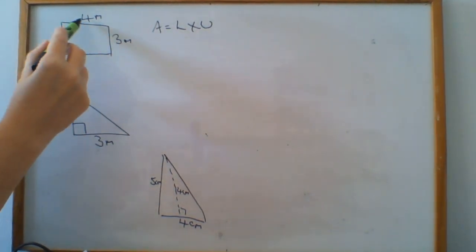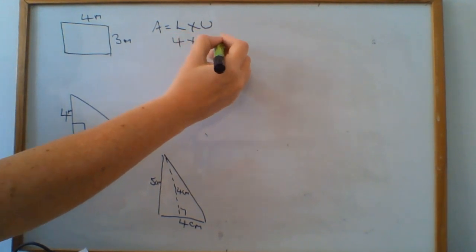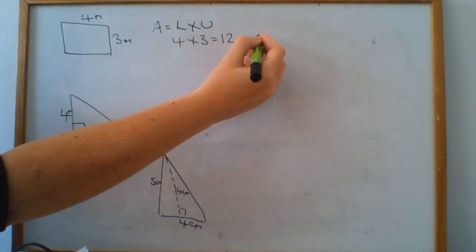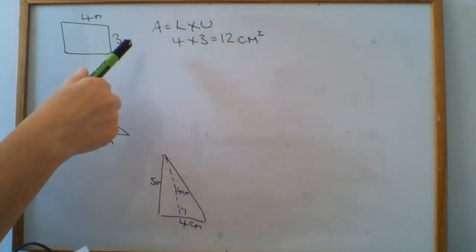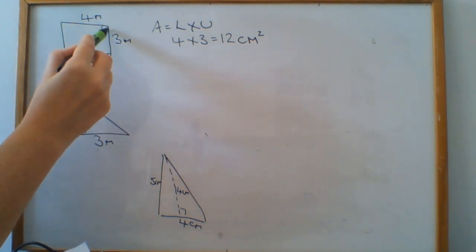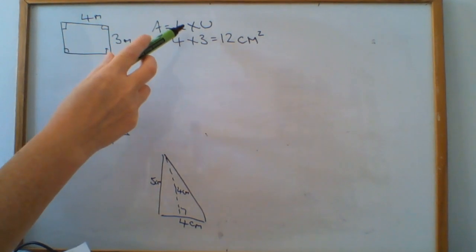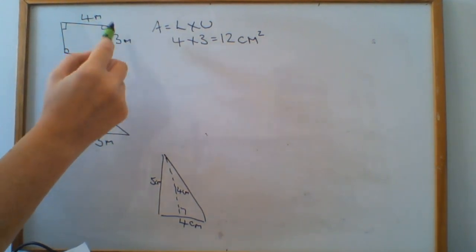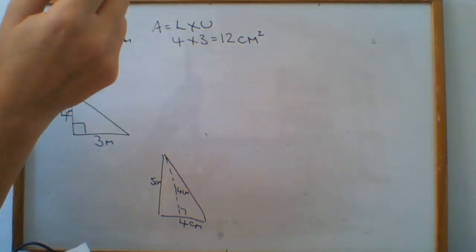So in this case, the length 4, the width 3, you would have 4 times 3 equals 12, and we always put area as 2 dimensions, so it's 12 centimetres squared. So area is the space it takes up for a rectilinear shape, shapes that come together to form right angles. We do length times width, 4 times 3 to give us an area of 12 centimetres squared.